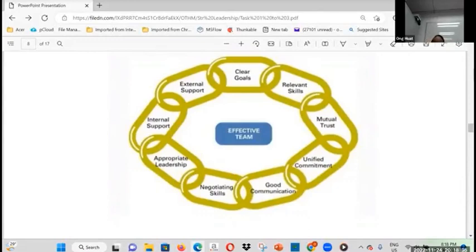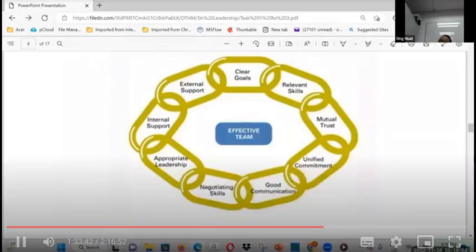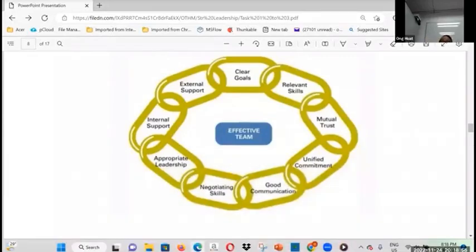So a team requires even more leadership to be around, right? More leaders to be around. And not only leaders, the leader must be appropriate to the team that you belong to. If you send a leader who is not appropriate, then the team cannot perform effectively, right?